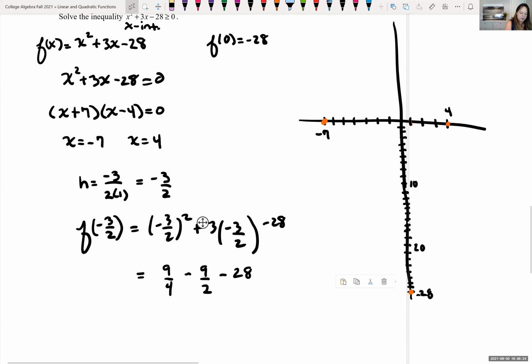I really need a common denominator. I see that it's 4, so I have 9/4 minus 18/4 minus, multiplying this by 4 over 4, 28 times 4, so 112/4.